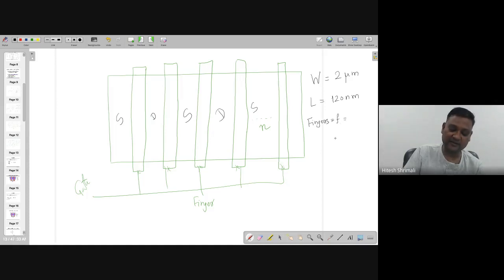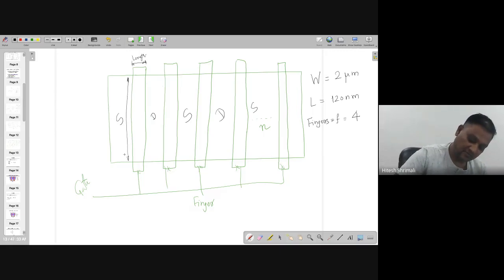When you come back here on the campus, you will see that in Cadence we have fingers. So if fingers are equal to F, or let's say for this case, let's assume that it's 4, then what is happening, this is the length, by the way, and this is the width.